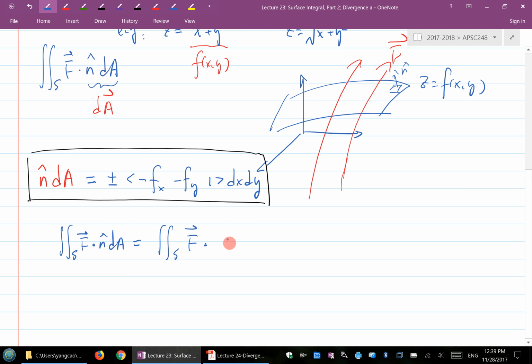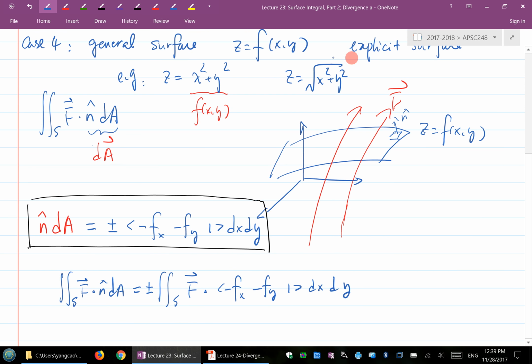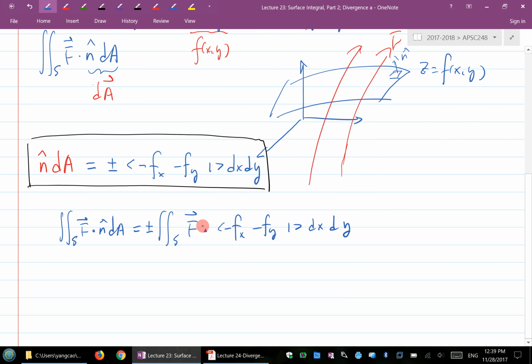Let's put the positive and negative on the outside here: negative fx, negative fy, 1 dx dy. There we go. That's the formula for the surface integral when you have a general explicit surface given by z equal to f of x, y. You don't have to memorize more than this.